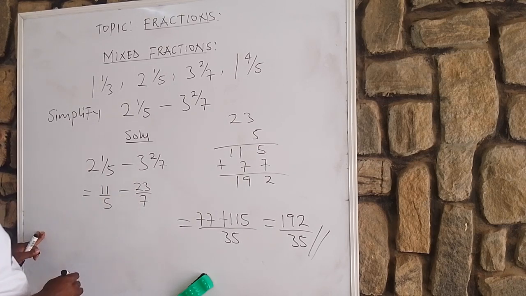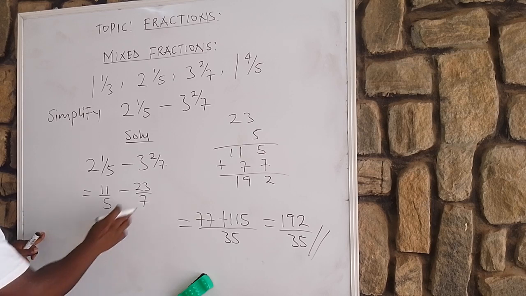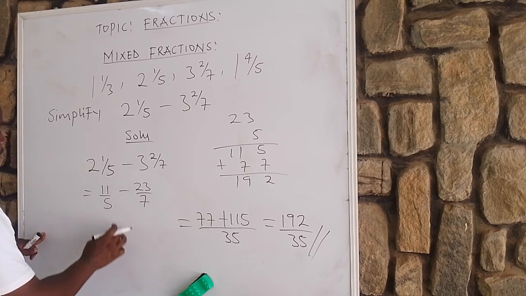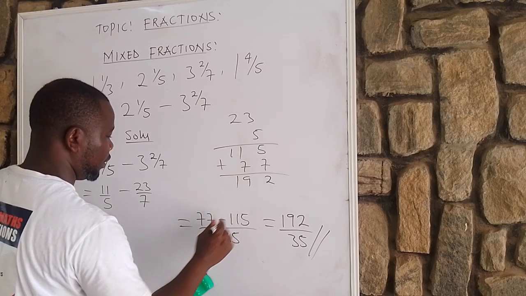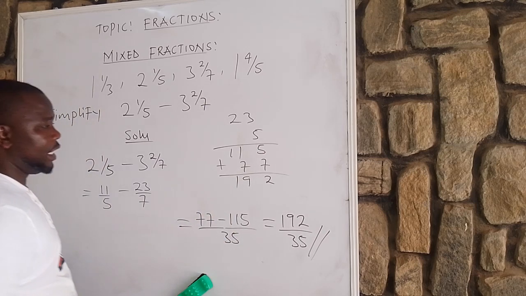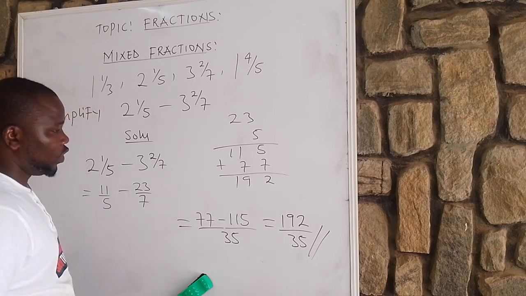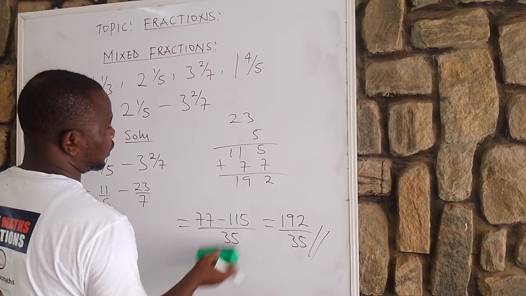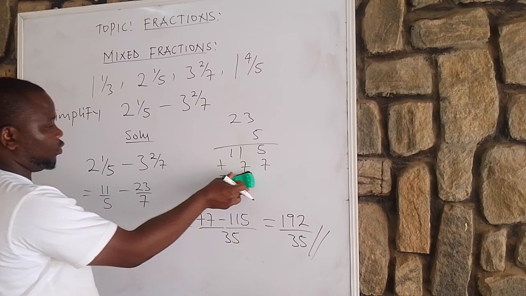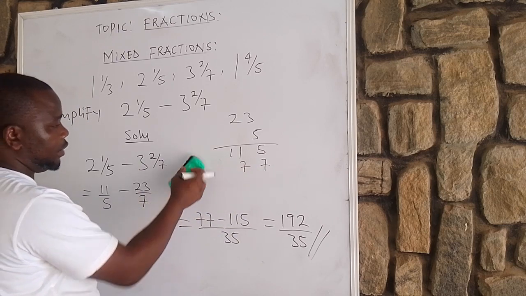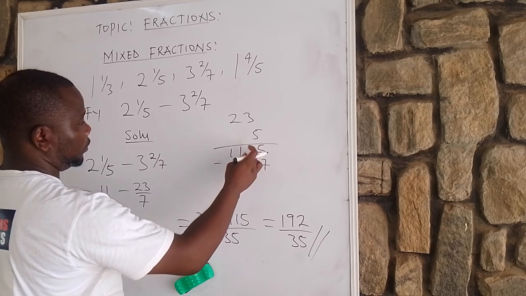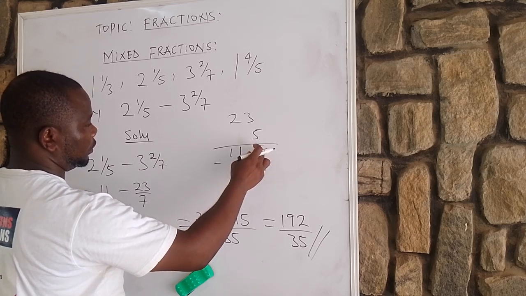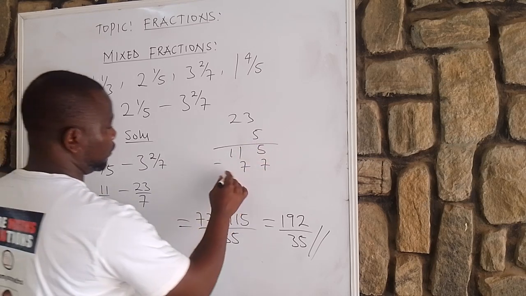So it implies that this one times this give us 77. This one times this give us 1. So here will be minus, isn't it? So this implies that, okay, let's just do it this way. Minus 1, 5 cannot subtract 7.